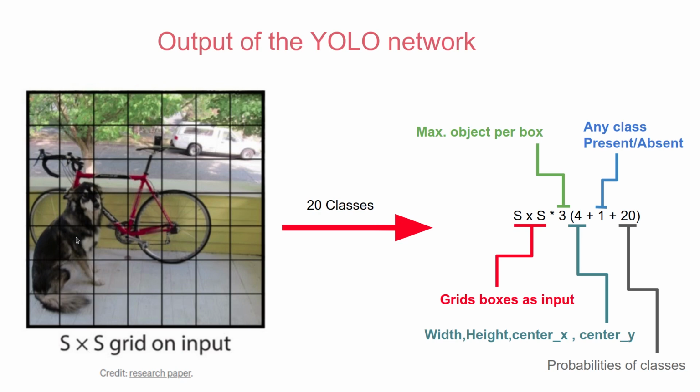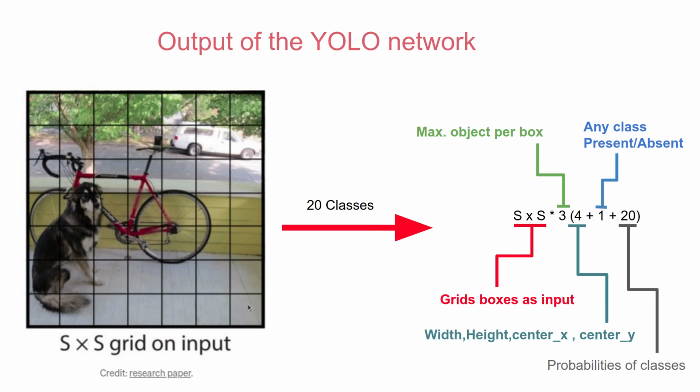If a dog is recognized in this box, we will have 4 placeholders for the width and height of the dog and the center of the dog in this cell, so that the dog can be reconstructed again when we mark our image. After which we have a placeholder for whether any object is present or absent.